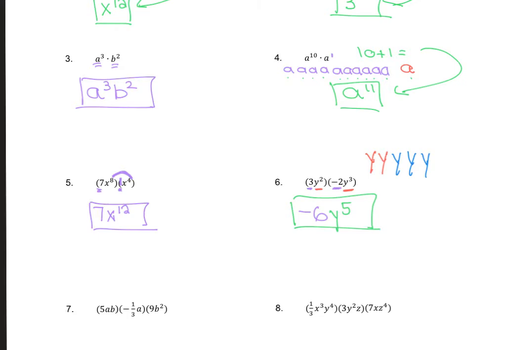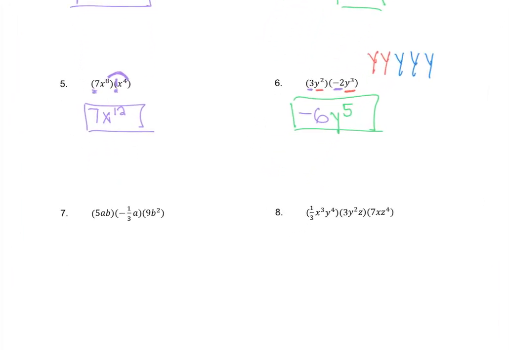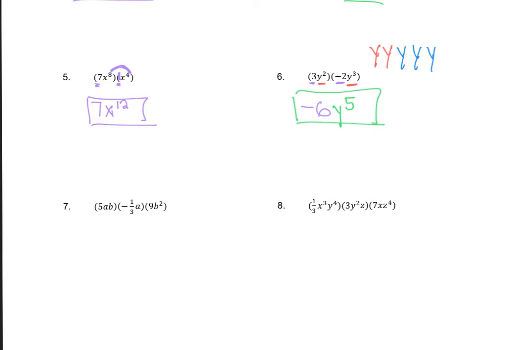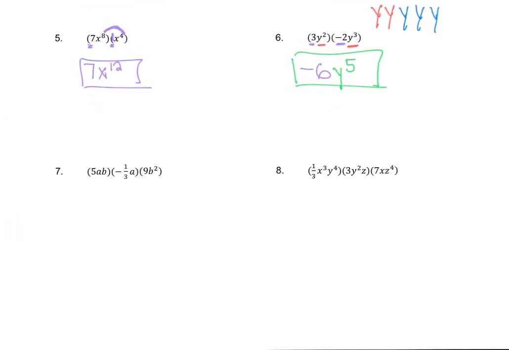Now, they're getting a little bit longer, okay? But they're not any more scary. We're just going to do the same thing. Here, we're going to grab all of our coefficients. I have a 5, I have a negative 1/3, I have a 9. Now, I'm going to use that trick that we did on our live last week, okay, the one that got interrupted at the end.